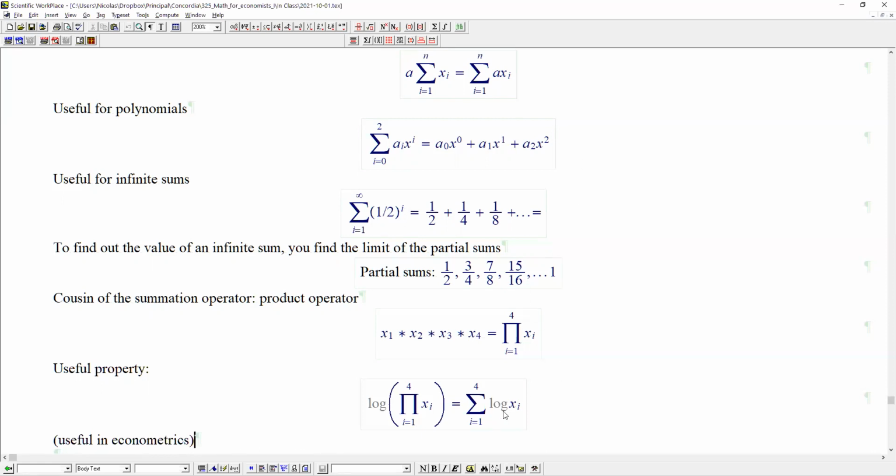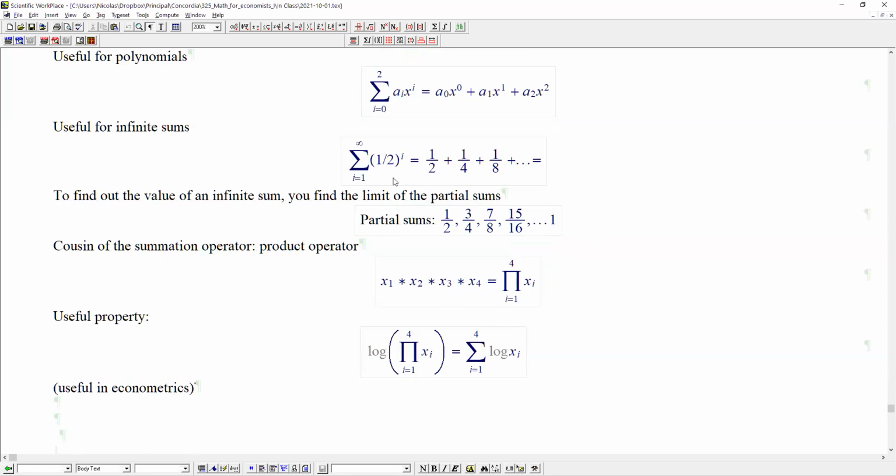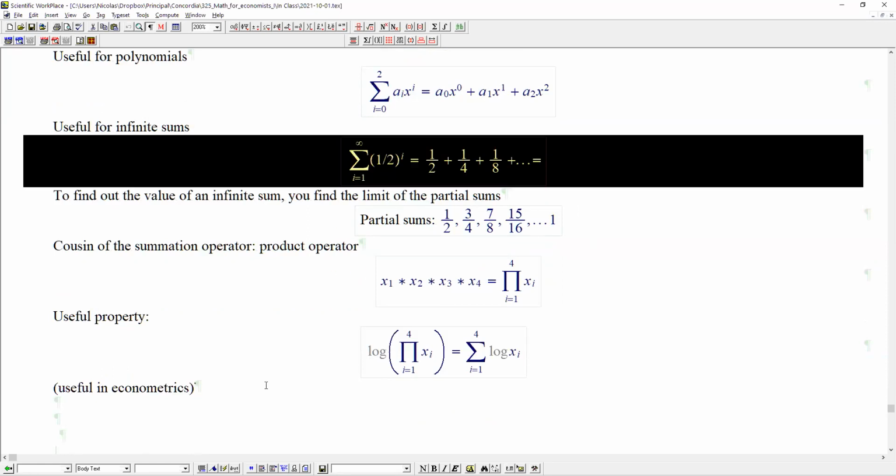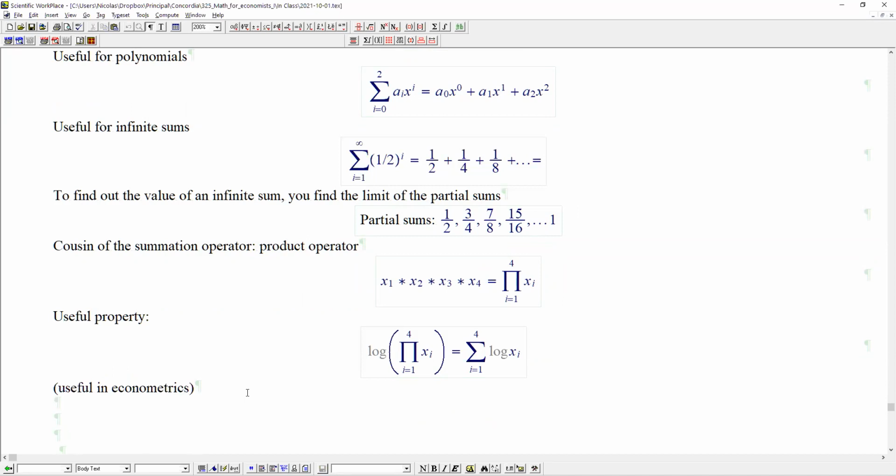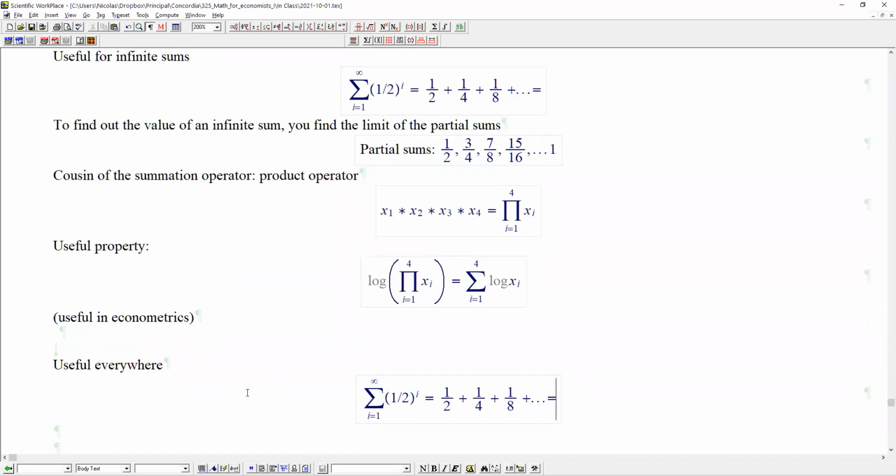Yeah, so I'll go back to this. Somebody has suggested how to do the infinite sum. So let's go ahead and do that. This is useful everywhere, actually. So if I have not this, but let's say I have some interest rate R to the i, and let's start with i equals 0.